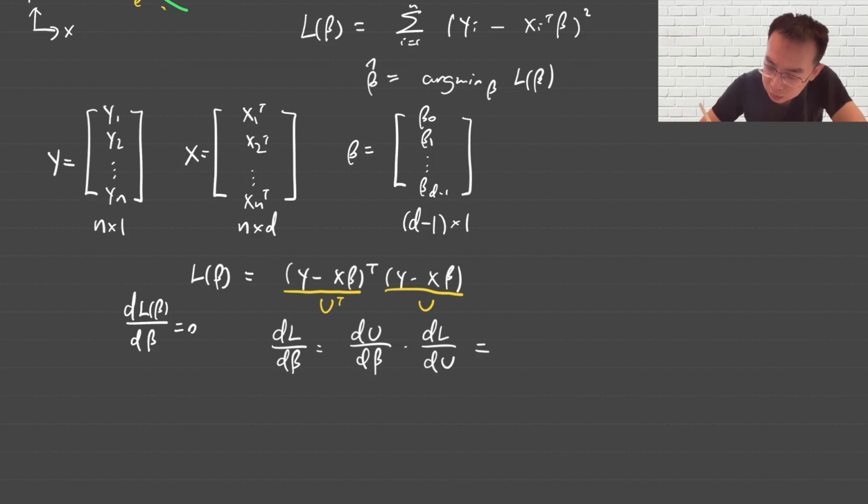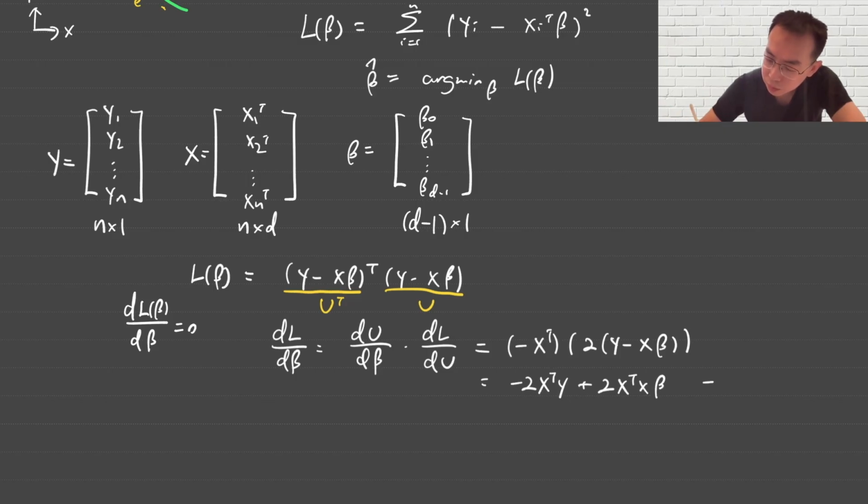That gives us minus x transpose, and then 2 times y minus x beta. So you just expand this as 2 minus x transpose y plus 2 times x transpose x beta. And we solve this one equals to 0.